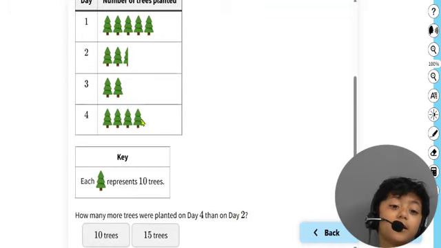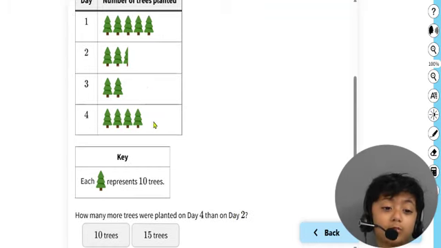We've got to find the total amount in day 4 and day 2 and subtract them. First, day 4 has 40 trees because 10 trees times 4 is 40. And day 2 is 25 because 10 trees times 2.5 is 25. So 40 minus 25 is 15.